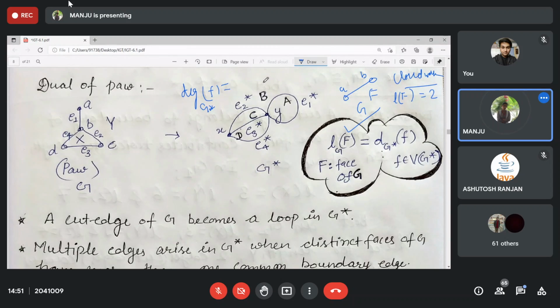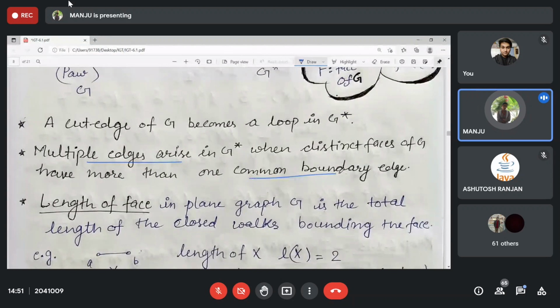It will be 2. We will have one loop now, and a loop corresponds to twice the degree, right? Degree of this vertex is 2. So the length of a face in G becomes the degree of the corresponding vertex to this face in G star. Clear?